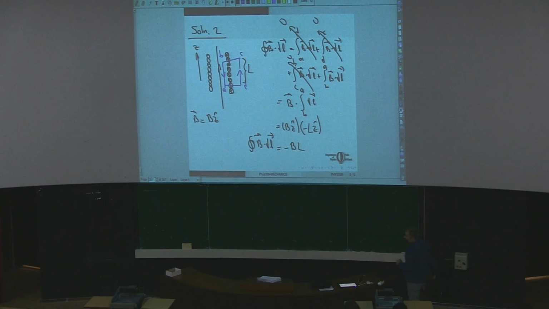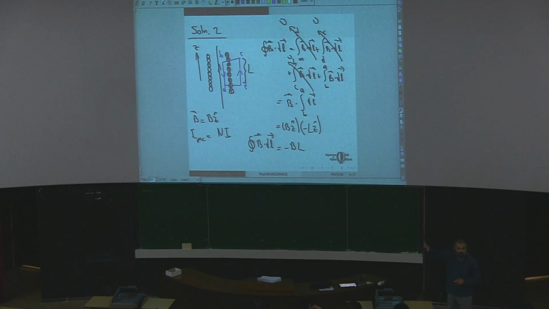Now let's look at I enclosed. This is equal to, again, n times I. I have n coils, each one carrying a current I. The currents are all in the same direction. Now, is this a positive current or a negative current? Once you choose the orientation of your loop, the positive and negative directions of the current are fixed.